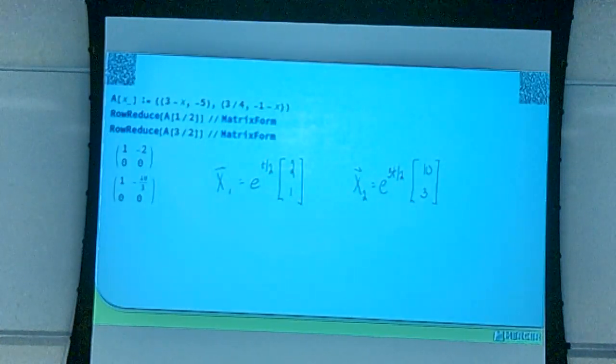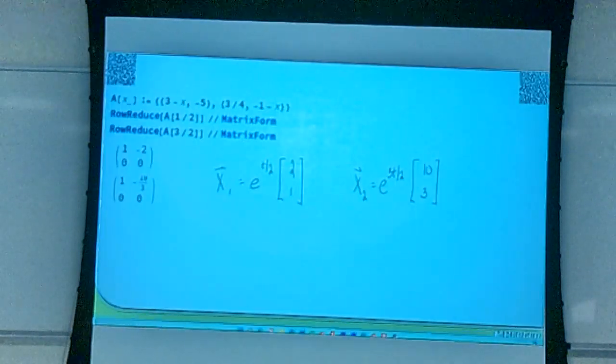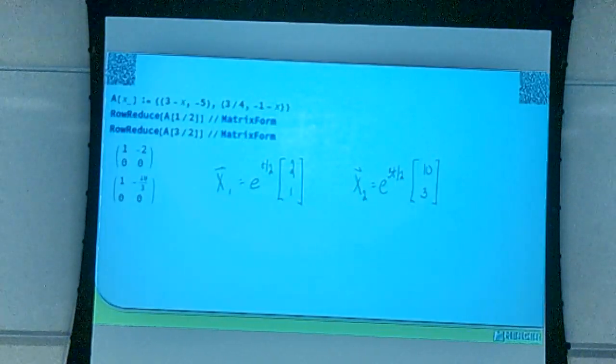Now we're going to go ahead and form a particular solution, doing all that fun stuff. I'm not going to worry about showing everything. I'm not going to have it print out what the inverse is, what the products are. I'm going to do it all in one go.